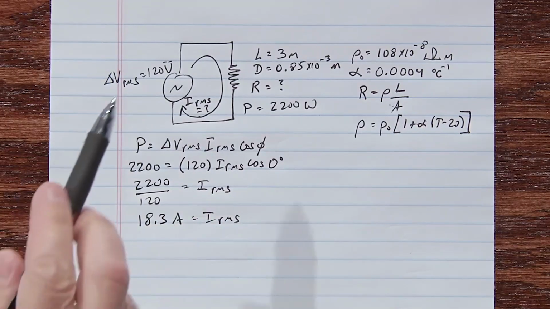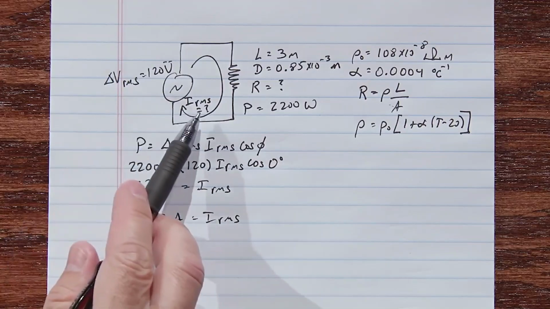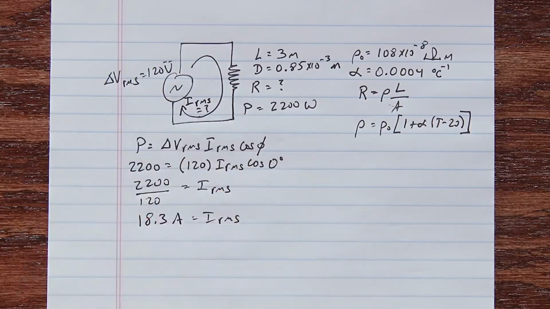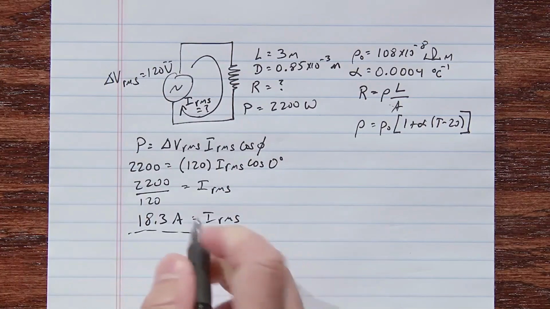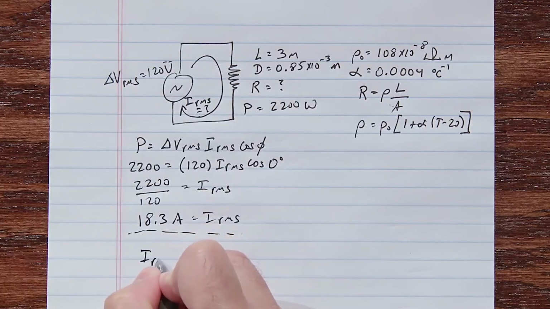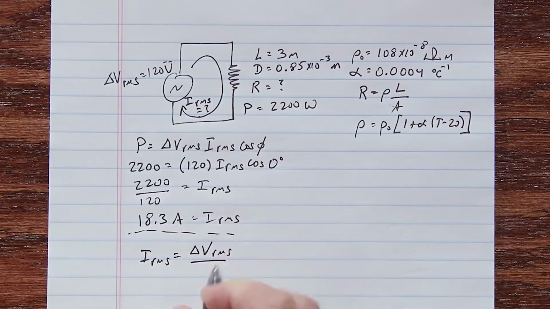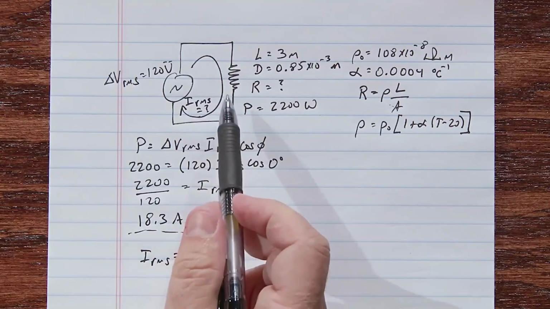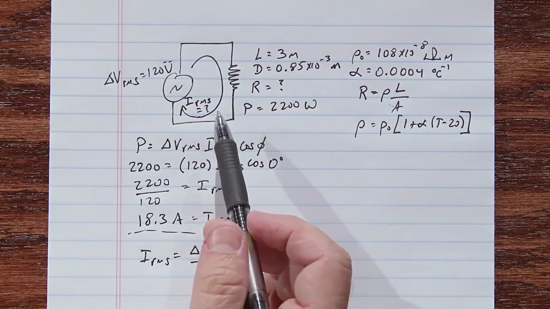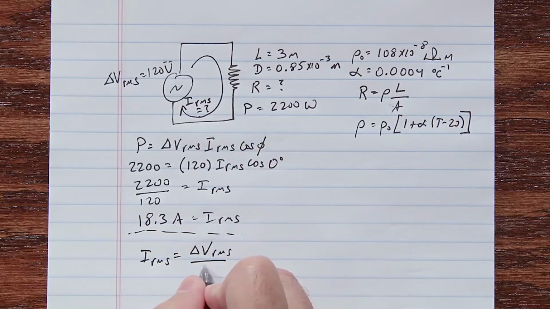And now that we know the voltage and the current, we can calculate the resistance, because I RMS is equal to delta V RMS divided by the impedance, but since we only have a resistor, the impedance is equal to the resistance.